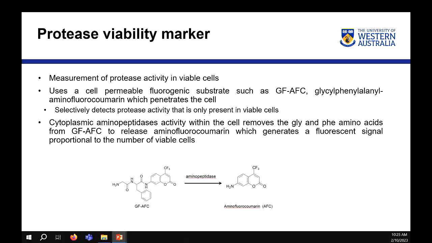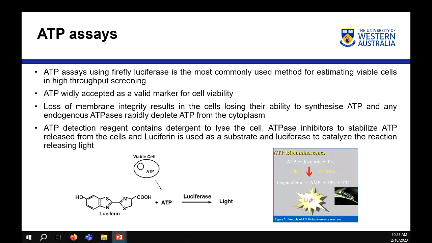Cytoplasmic aminopeptidase activity within the cell removes the glycine and the phenyl amino acids from the GFAFC to produce aminofluorocoumarin, which is here. And this generates a fluorescent signal proportional to the number of viable cells. So they're all very, very similar, these assays, in how they work.